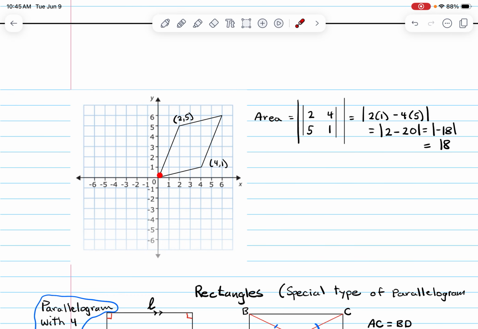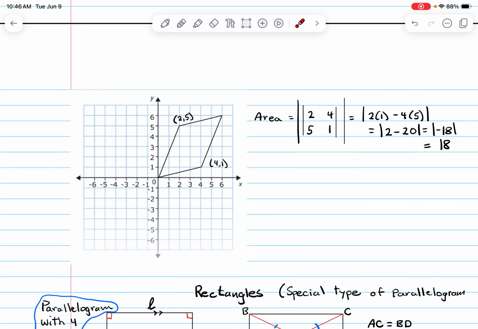Notice that this parallelogram has one side coming out here, and then it has the other one coming out from the origin as well. So you have these two sides of the parallelogram, starting at the origin and going out to this one 2, 5, and this one 4, 1. And of course, this side is parallel to this side. But all I need are two sides of the parallelogram like that.